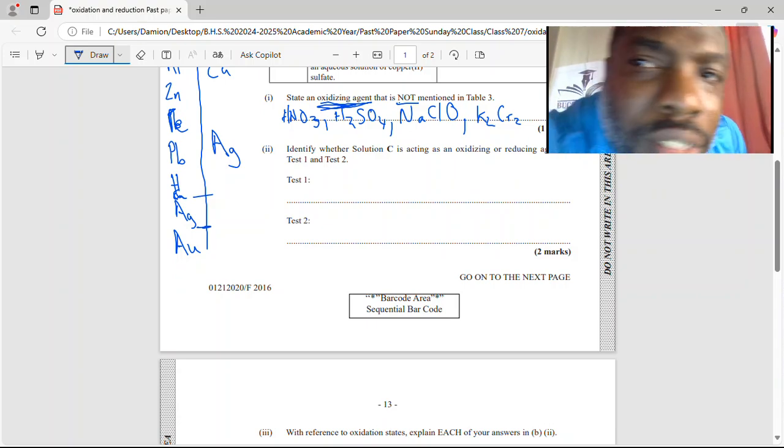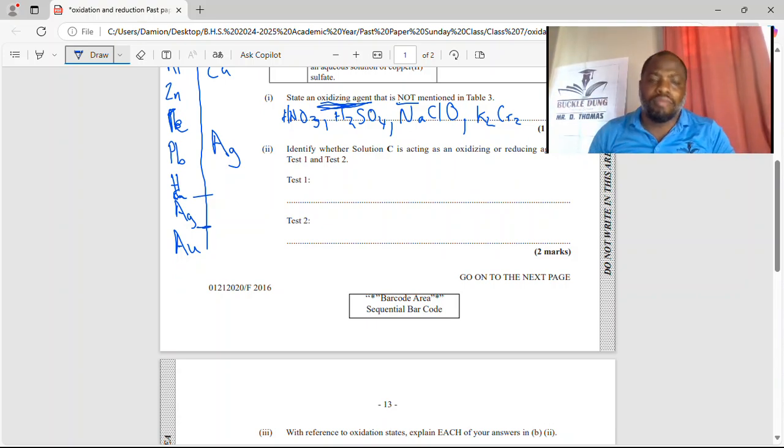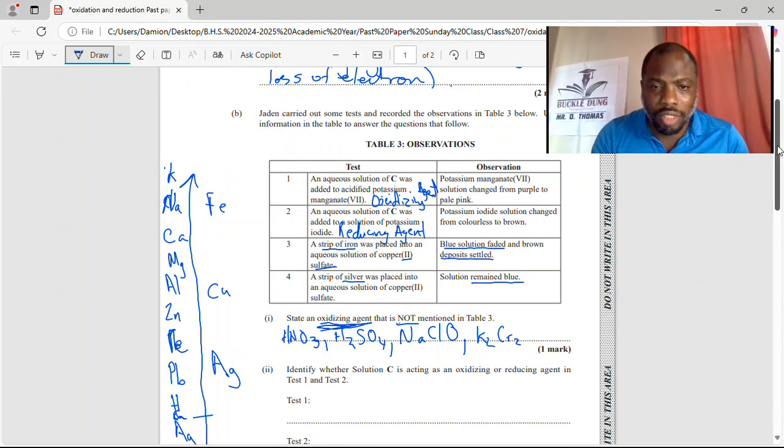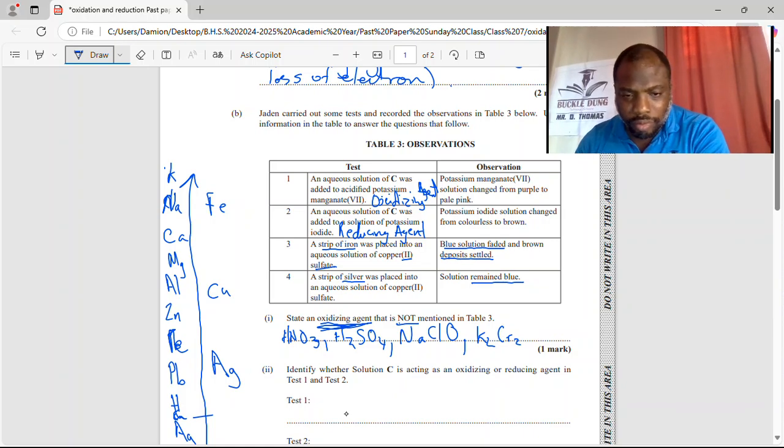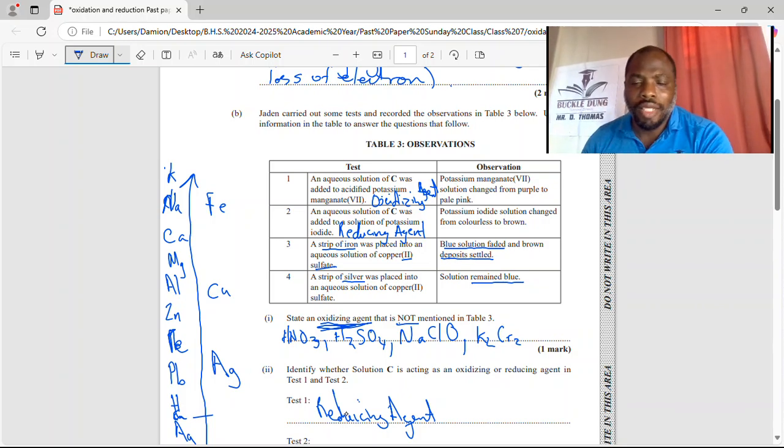We were asked, if we look back, this one, C is acting as a reducing agent, and we know that because we see that the manganate 7 is being reduced. All right.